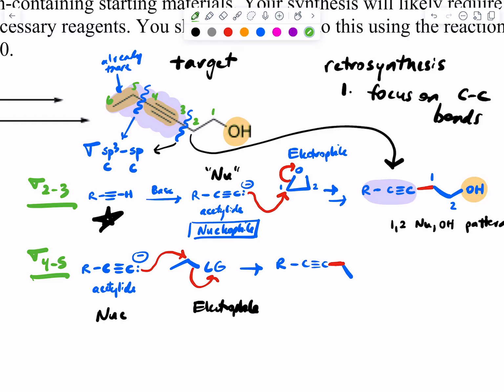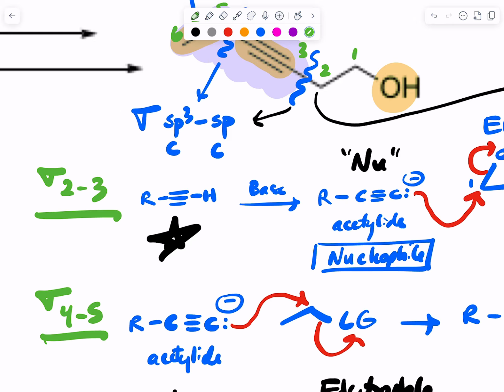Got nothing? Okay, let me help you a little bit. How do you deprotonate an alkyne? What kind of base do you need to do that? Super strong, right? Because the pKa of an alkyne proton is 25.